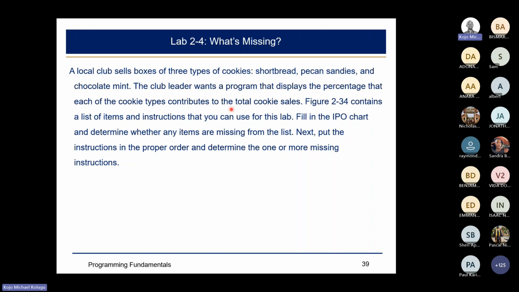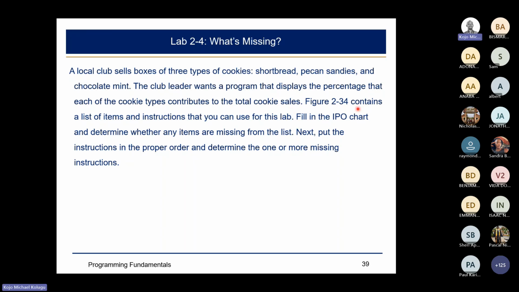Now there's a fourth one which says what is missing, right? A local club sells boxes of 3 types of cookies: shortbread, pecan sundaes, and chocolate mint. The club leader wants a program that displays the percentage that each of the cookie types contributes to the total cookie sales.